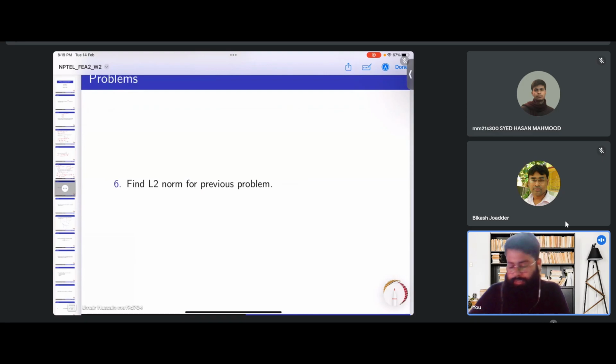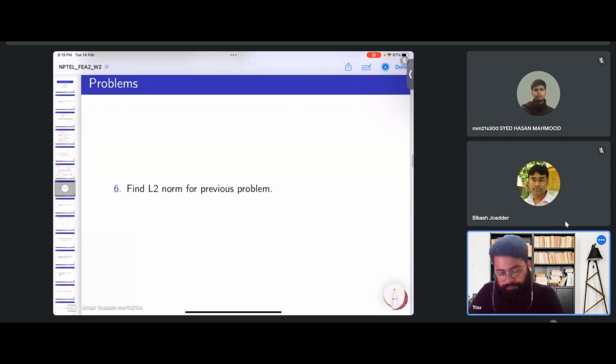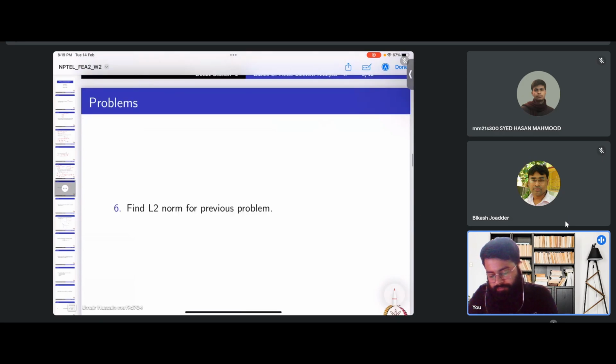Okay, then can we find the L2 norm for the previous problem? First of all, what is the formula for the L2 norm? Can someone guide me? So if we can get any answer from our new participant.